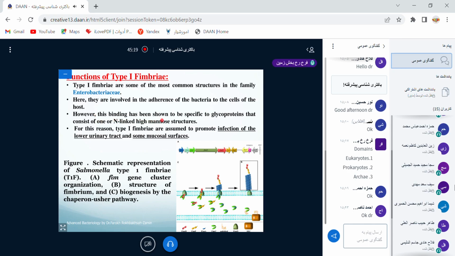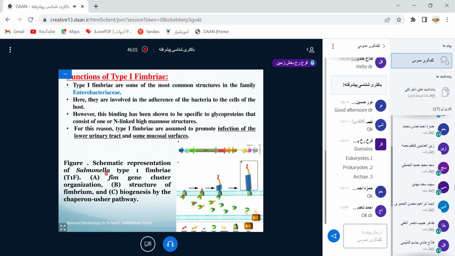However, this binding has been shown to be specific to glycoproteins that consist of N-linked high-mannose structures. For this reason, type 1 fimbria are assumed to promote infection of the lower urinary tract and some mucosal surfaces. So because of the type 1 fimbria, we have urinary tract infection mostly by Enterobacteriaceae and by coliforms.